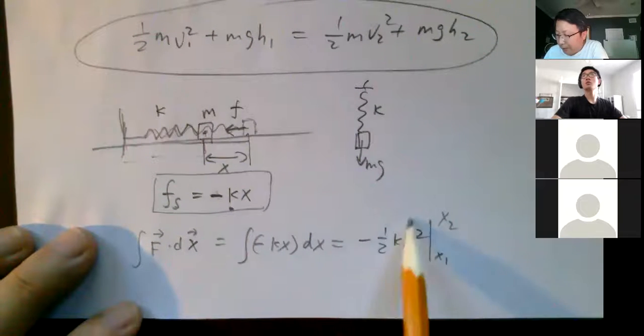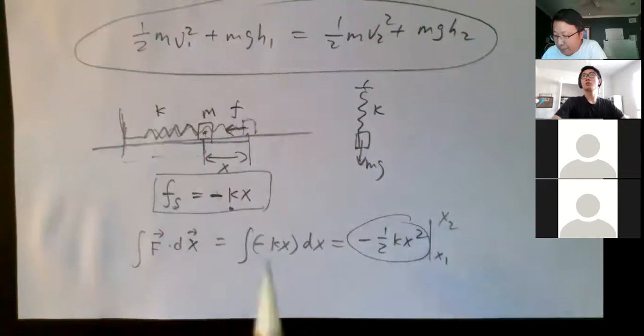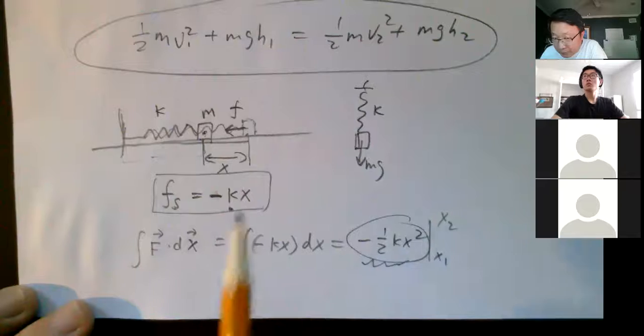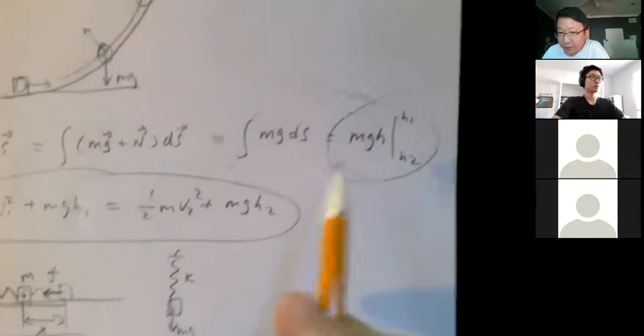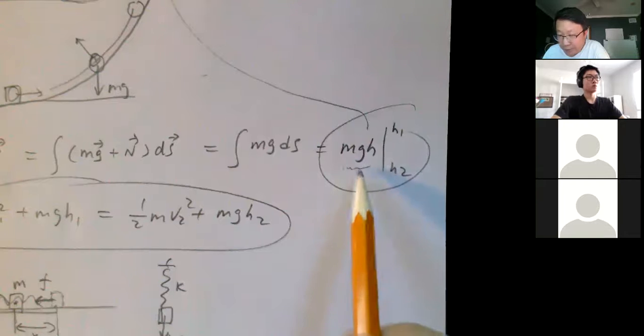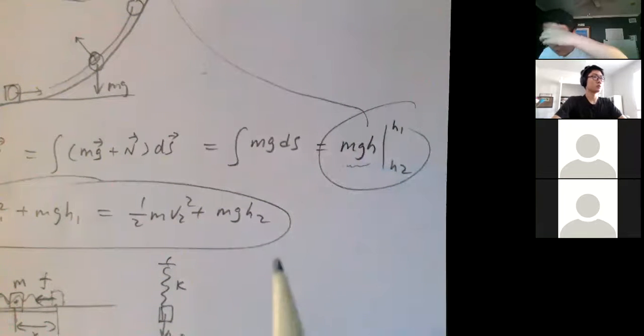So this is why, for the spring, we define potential energy, just like we defined potential energy for the weight.